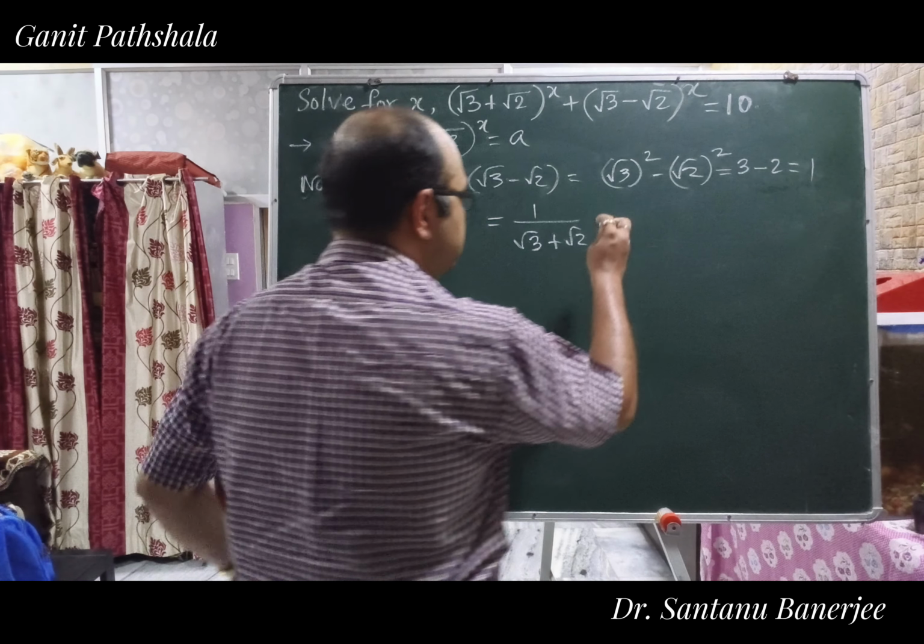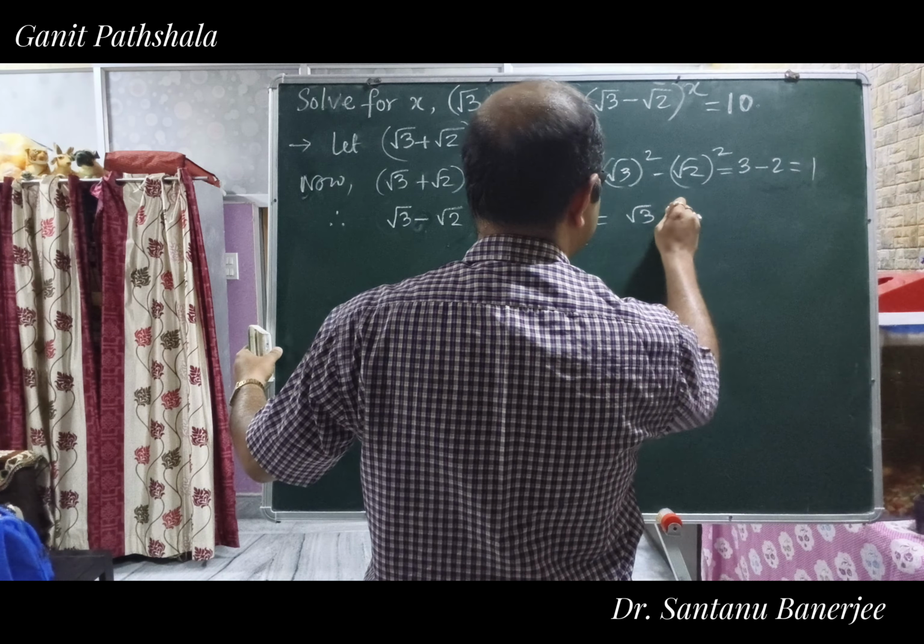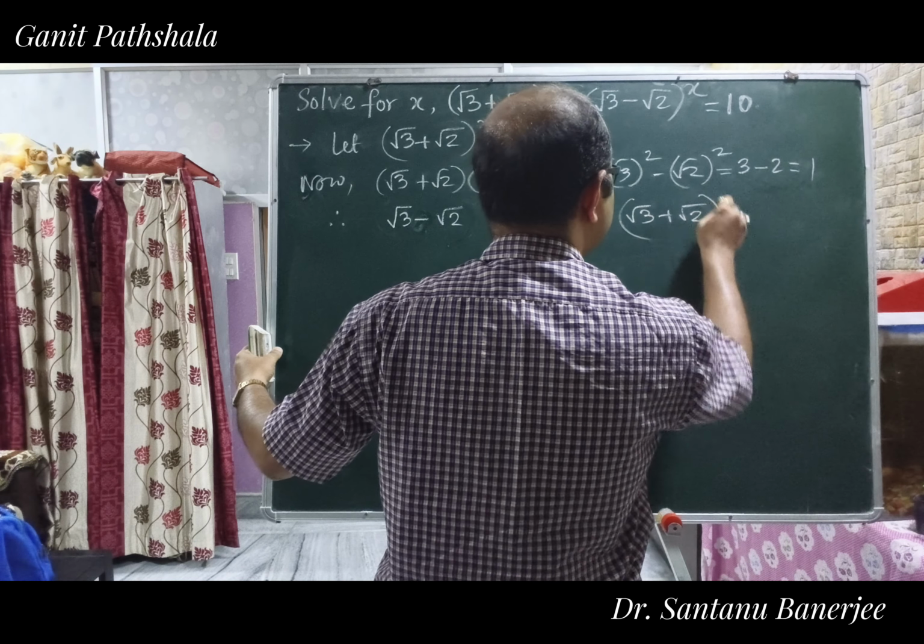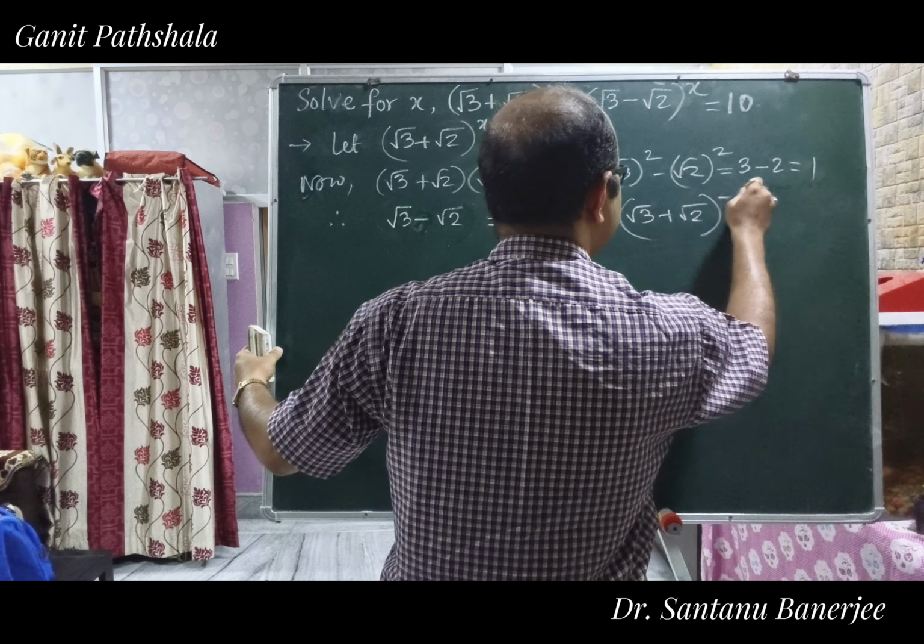Simple. Which is equal to (√3 + √2) inverse, that is, to the power minus 1. So (√3 − √2)^x equals, now if we perform the power x on both sides, (√3 + √2) inverse whole to the power x.